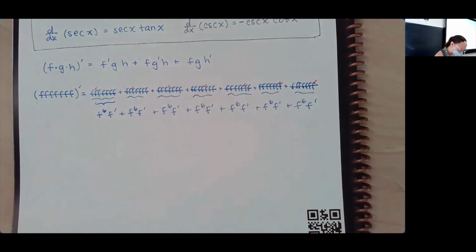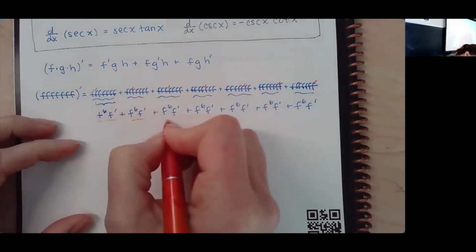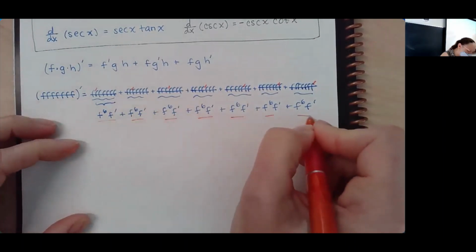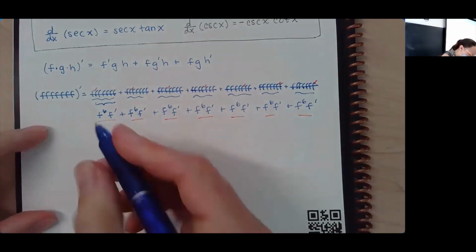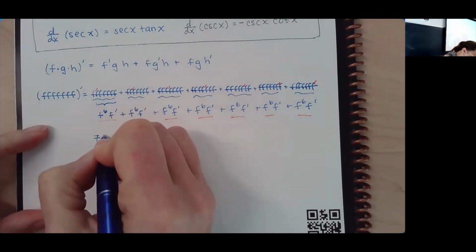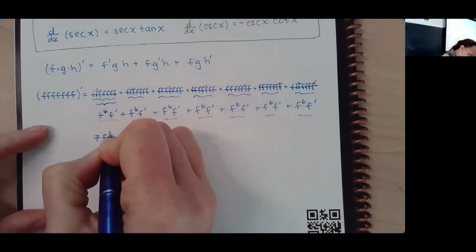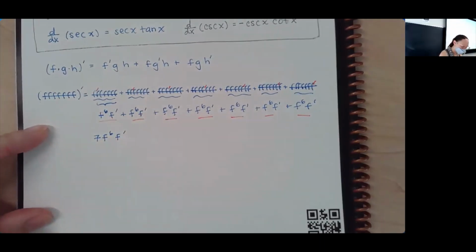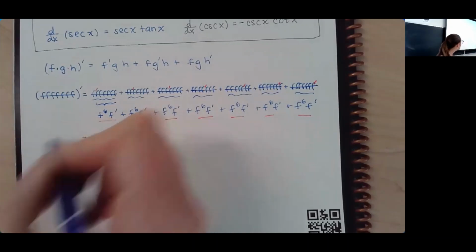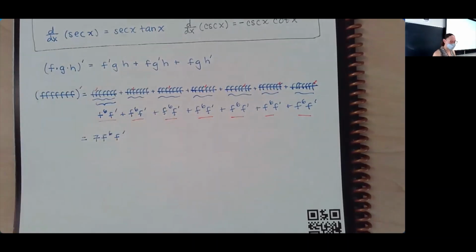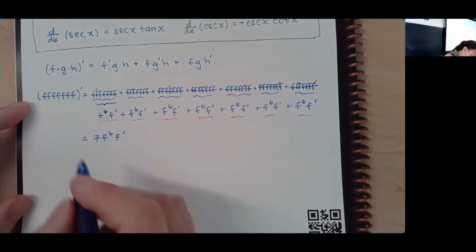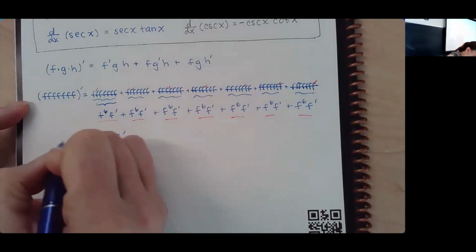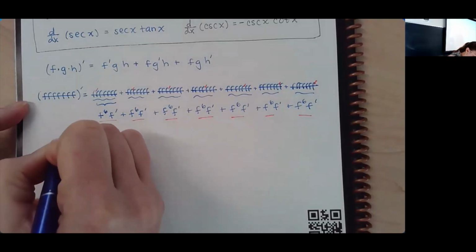So in total, I've got 7 sets of 6 not primed F's and 1 primed F. And this whole thing started because I had 7 of these F's multiplied together, which we know the shortcut way of writing that is F to the 7th.